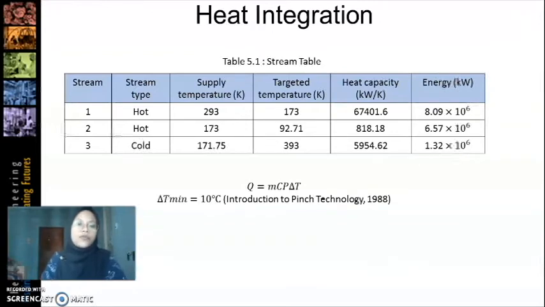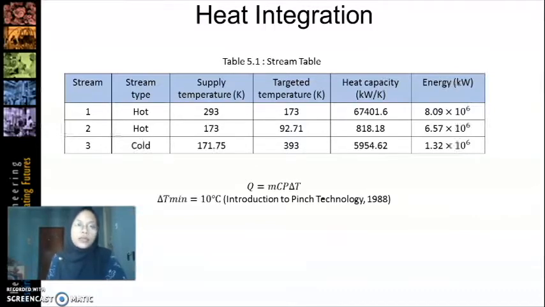So to begin with heat integration, firstly we identified the stream data by extracting the info from our process flow sheet. And from this stream table, we can see that there are 2 hot streams and 1 cold stream.